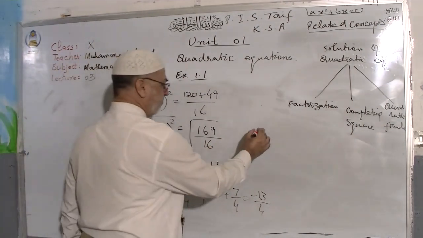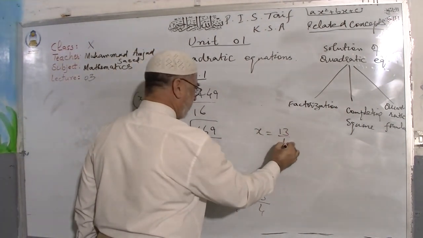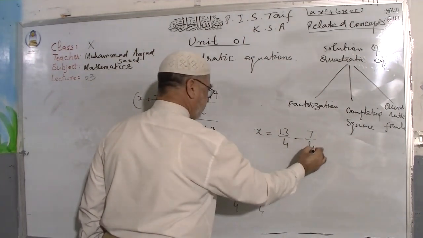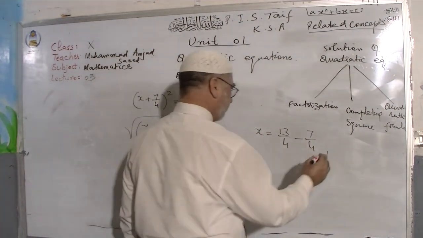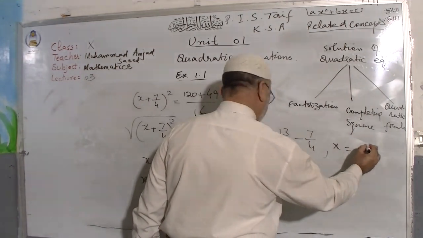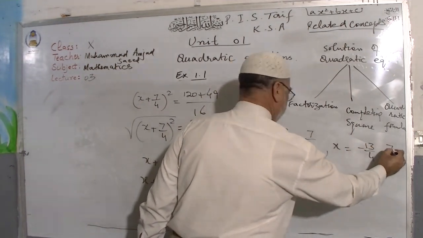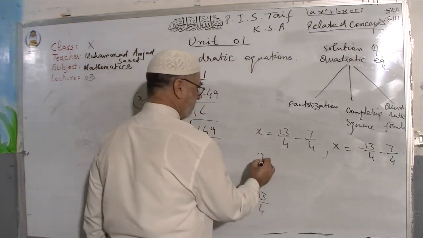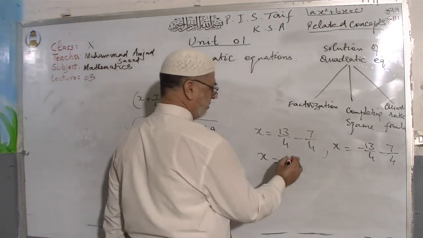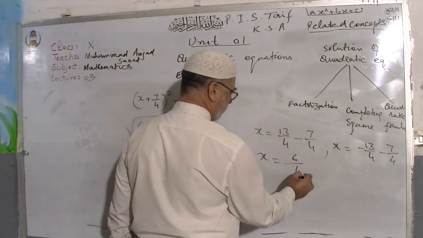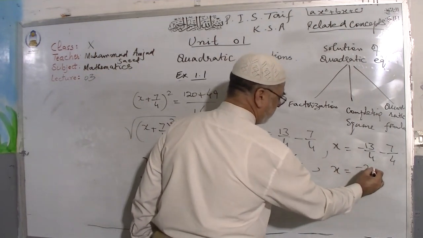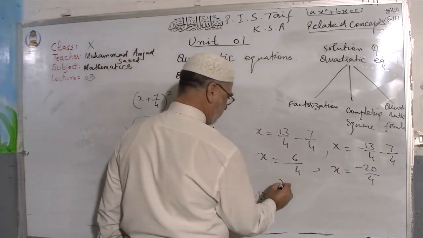Dear students, you will bring 7 over 4 to the other side. X is equal to 13 over 4 minus 7 over 4, and x is equal to minus 13 over 4 minus 7 over 4. So x is equal to 6 over 4 and x is equal to minus 20 over 4.